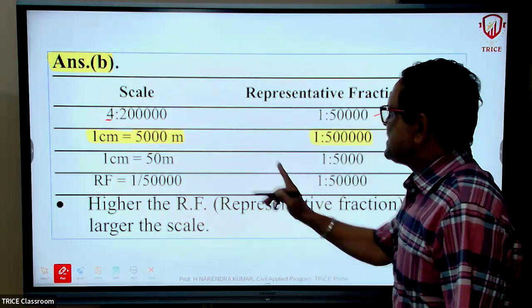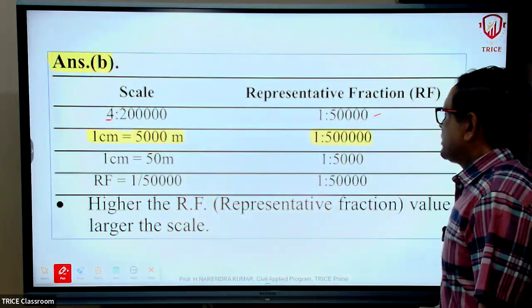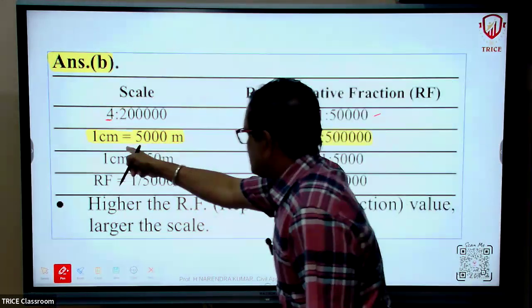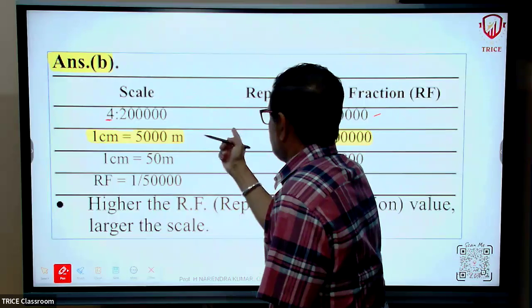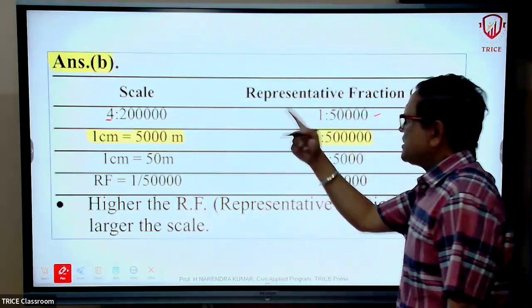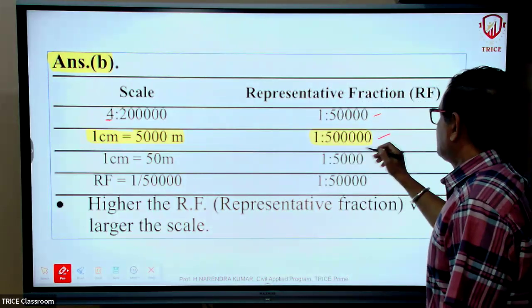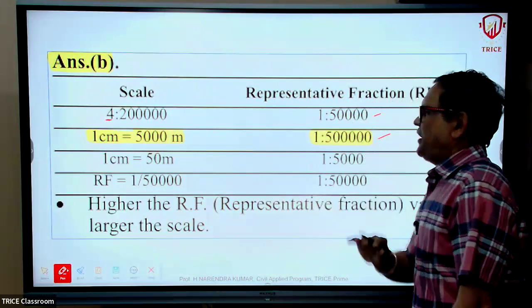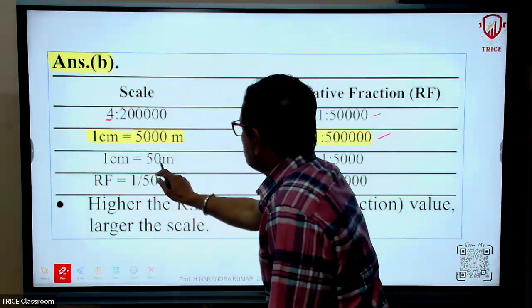Next one is 1 centimeter is equal to 5,000 meter. I need to convert it to 1 is to something. I will keep 1 here and convert this 5,000 meter into centimeter. 1 meter is equal to 100 centimeter. So 5,000 into 100 becomes 5 lakh. Next one, 1 centimeter is equal to 50 meter.